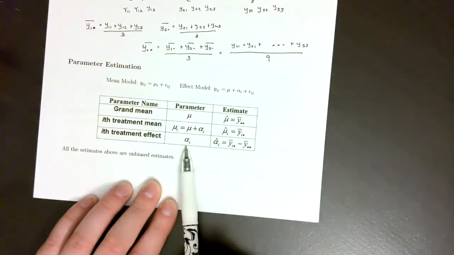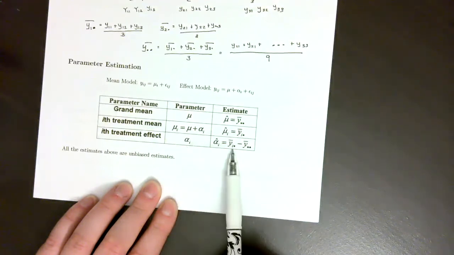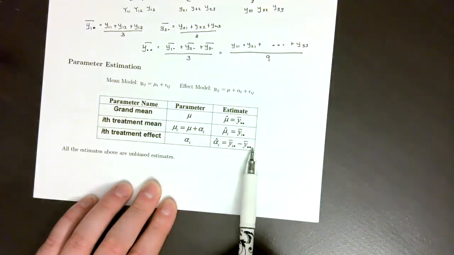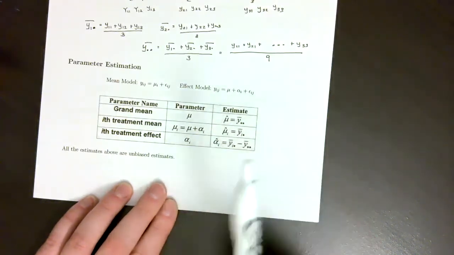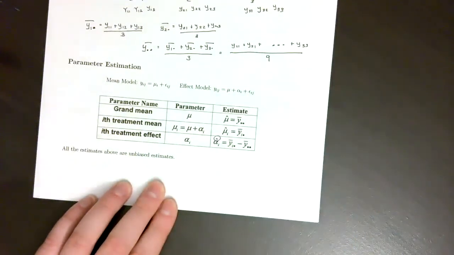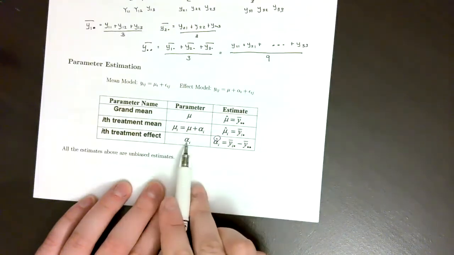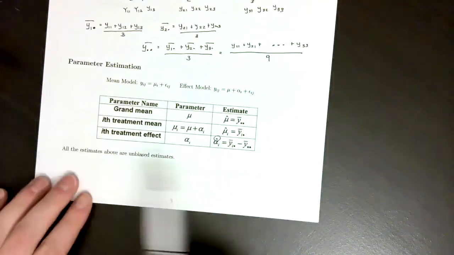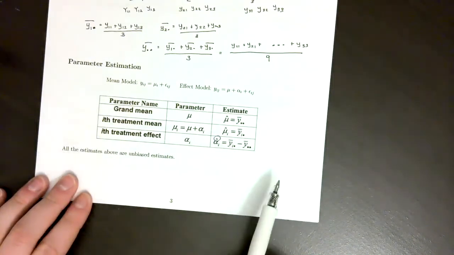Then we have our treatment effect alpha, which is going to be the difference between the treatment mean and the overall mean. In statistics, we put hats on parameters that we're estimating. So here's our parameter, and we know it's an estimate because of the hat. All these estimates are unbiased estimates.